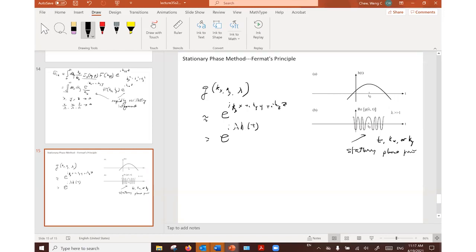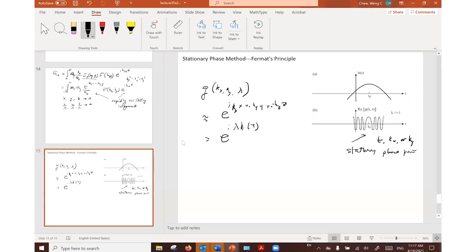Only after you multiply by lambda, which can be x, y, and z, which is a big number, does the function become rapidly varying. And the contribution to this integration will come from the vicinity of this stationary phase point, where the integrand is least rapidly varying.